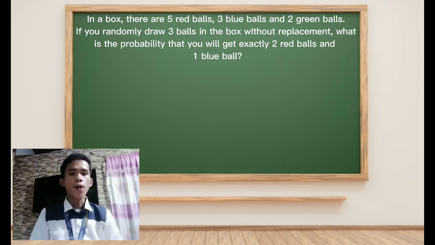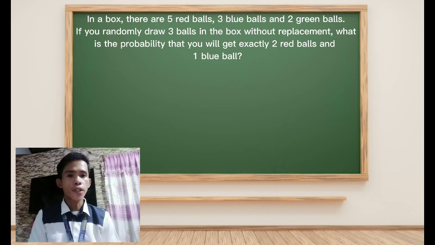Ngayon, ating balikan ang problem. In a box, there are 5 red balls, 3 blue balls, and 2 green balls. If you randomly draw 3 balls from the box without replacement, what is the probability that you will get exactly 2 red balls and 1 blue ball? First, we need to understand the problem.